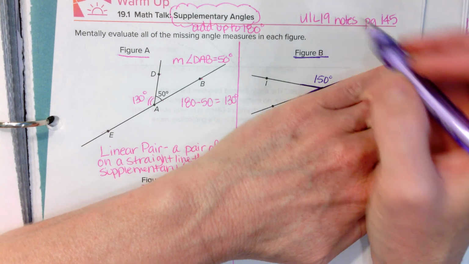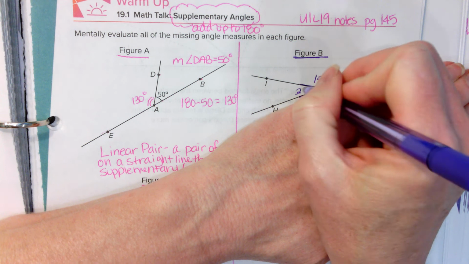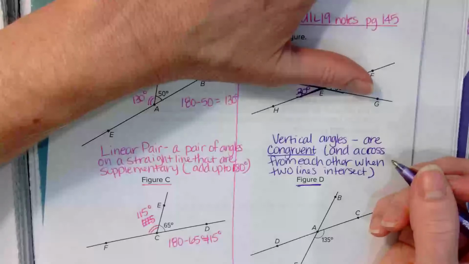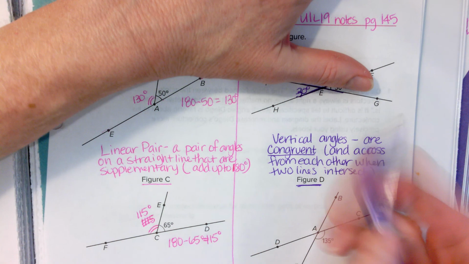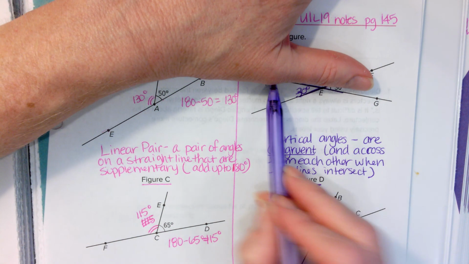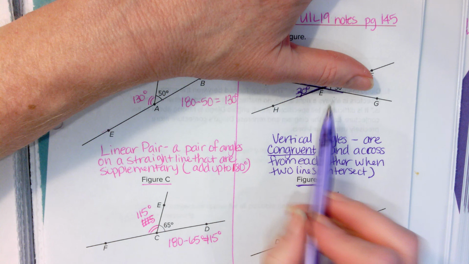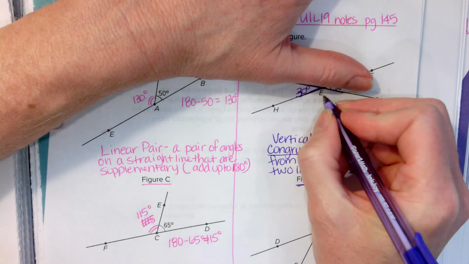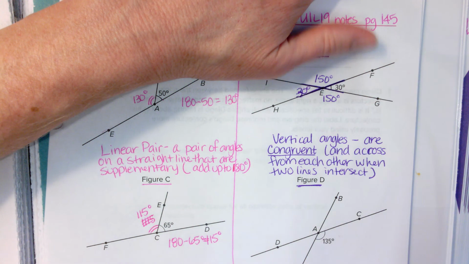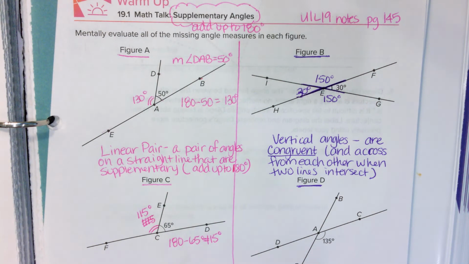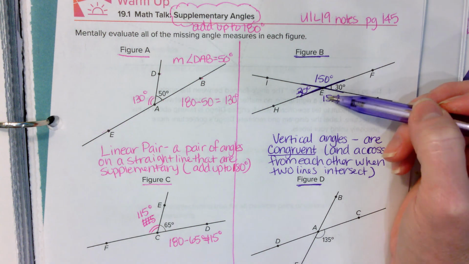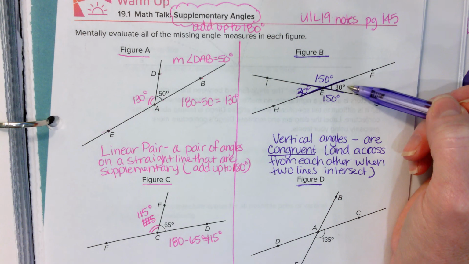So I know this little angle is 30 degrees. And then I can look at it from the underside. Again, this is a straight line, so if this is 30, I know the missing angle right here has to be 150. So working my way around using linear pairs, you can see that the angles directly across from each other are equal. They are congruent.